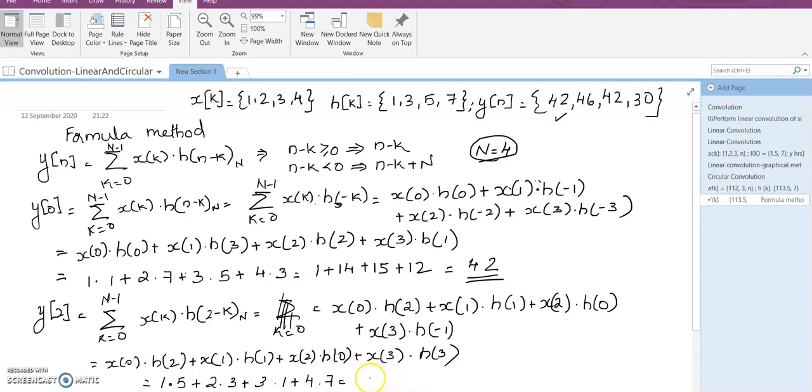So eventually it becomes 5 plus 6 plus 3 plus 28, which is 42. Again the answer for y of 2 is 42. Likewise, you can calculate y of 1 as well as y of 3 to get 46 and 30 as your answers. And what I have just shown in this video are the two methods: one is the matrix method and the other is the formula method.